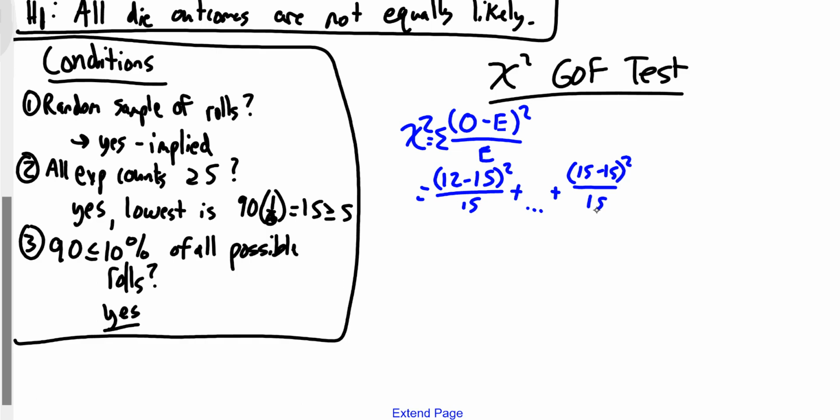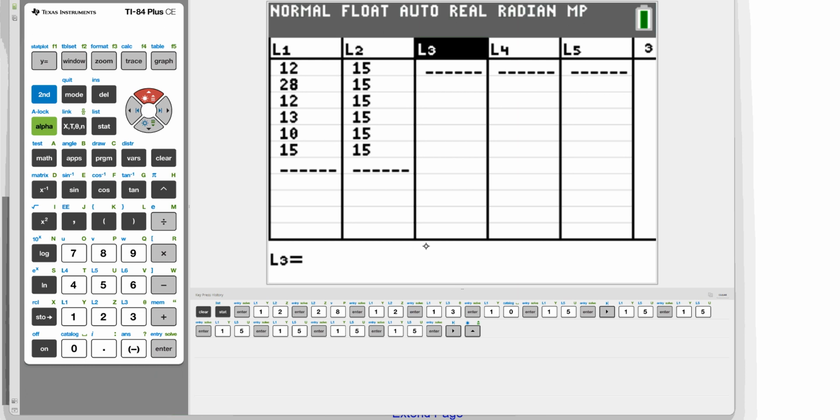Now, I'm not going to write all that out. You can use each individual one on your calculator, or you can use your tables. I'm going to pull that up here. So that's another way you can do it. I have the observed in list 1, the expected in list 2. So for list 3, I might put in parentheses observed minus expected.